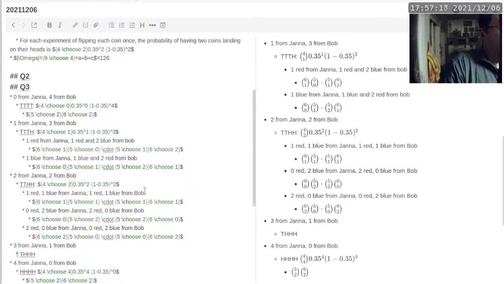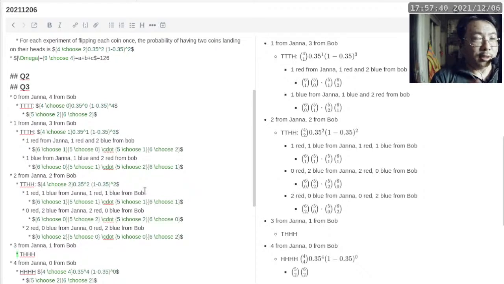Exactly. The overarching initial step is flipping the coins, finding all the ways you can flip the coins. Then for each configuration of heads and tails, we consider all the subcases.